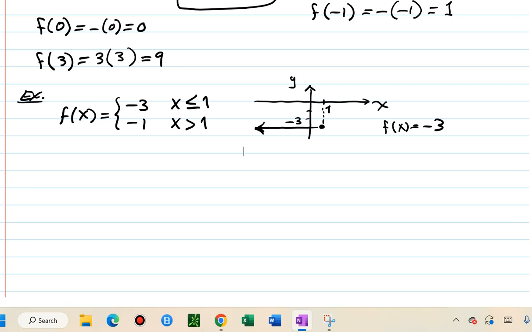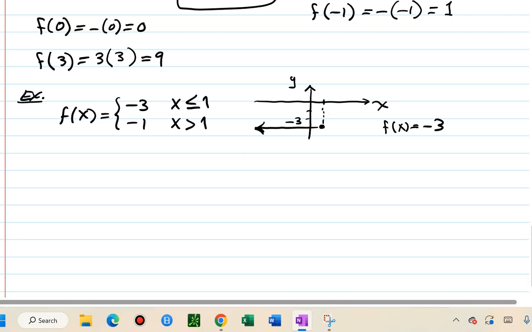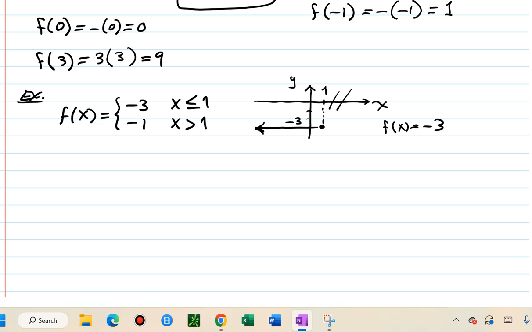Now for x greater than 1, x bigger than 1, means everything on this side now, to the right of 1, it behaves with a different constant function. That constant function is negative 1. And again, suppose this is negative 1. But then this is only good for when x is greater than 1. So I'm going to have an open circle at 1. Let me do that a little better.